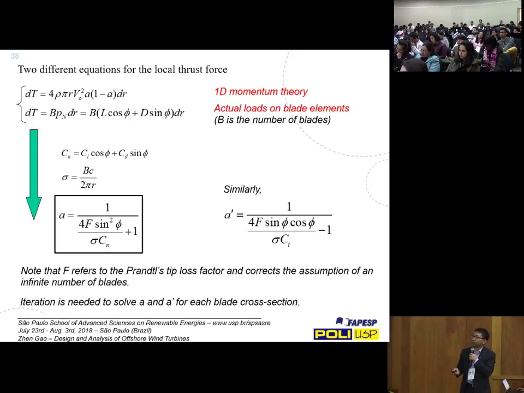So you have to do some iterations in order to solve for these induction factors. And so basically, in most of the BEM codes, you run in time, and for each time step you do these iterations, get this value. And when you get the induction factors, axial and tangential, then you get the loads also.